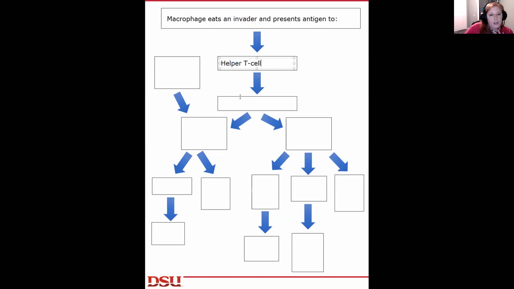Okay. When that happens, the helper T cell, or the sidekick T cell, is going to do what sidekick T cells do, and it's going to secrete cytokines. Right now I'm going to focus on the right half, which is the T cell response. I'll do the B cell in a minute. Okay, so for T cells, once the cytokines have been secreted, it's going to activate our T cell clonal expansion.